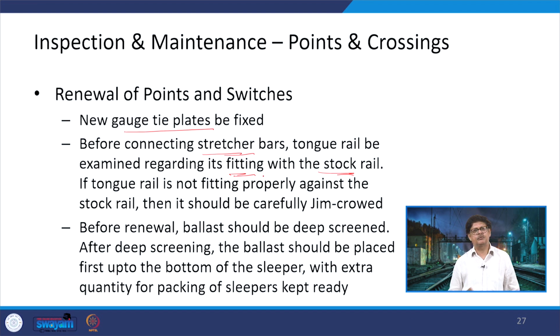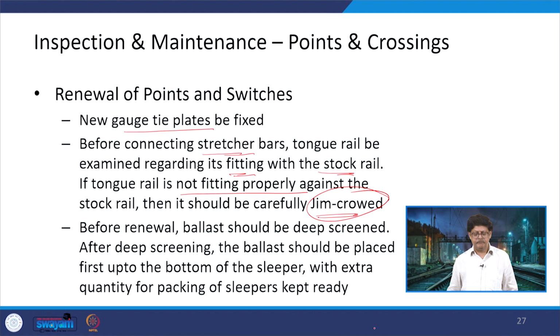So, that is what we are talking about here, that the stock rail and the tongue rail, which is being planed to a thickness of 6 mm, should come and fit in with that. So, if the tongue rail is not fitting properly against the stock rail, then we have to go for the jim crowing, and this we have discussed when we were talking about the buckling of the tracks and all.